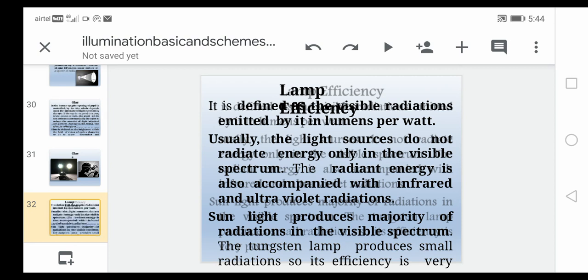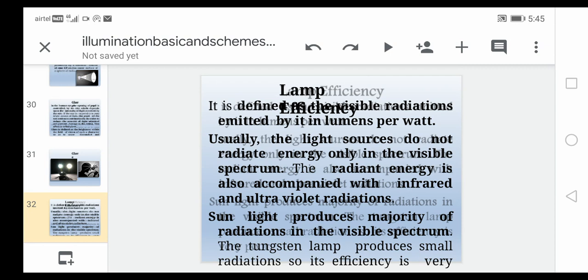Next definition is a lamp efficiency. It is defined as the visible radiations emitted by it in lumens per watt. Usually the light source does not radiate energy only in the visible spectrum. The radiant energy is also accompanied with infrared and ultraviolet radiations.